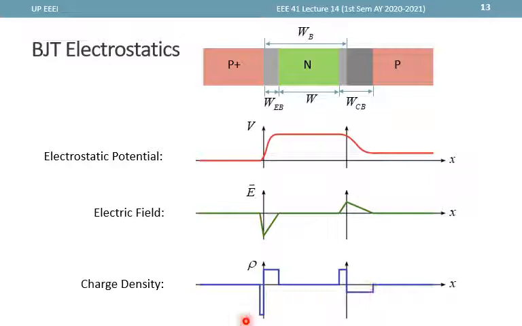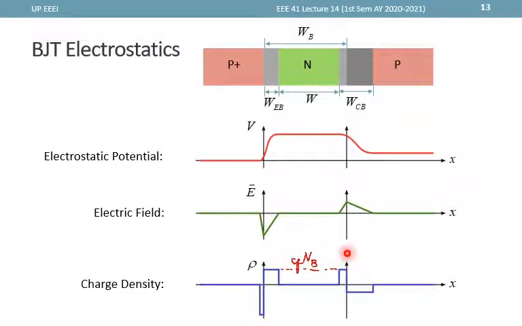Another thing you may have noticed is that the height here must be the same, since this height is actually equal to qNB, where we are using NB now to represent the doping concentration at the base. And since the doping concentration at the base is assumed to be constant, the charge density at these two portions must be of equal height.